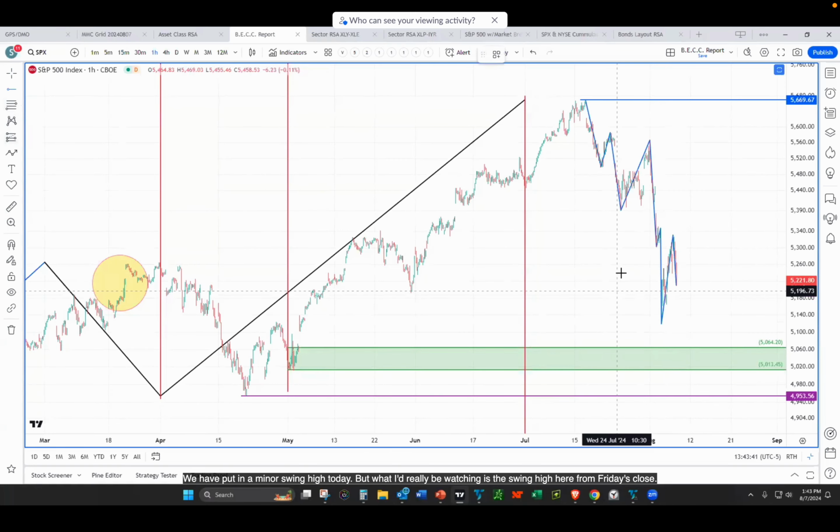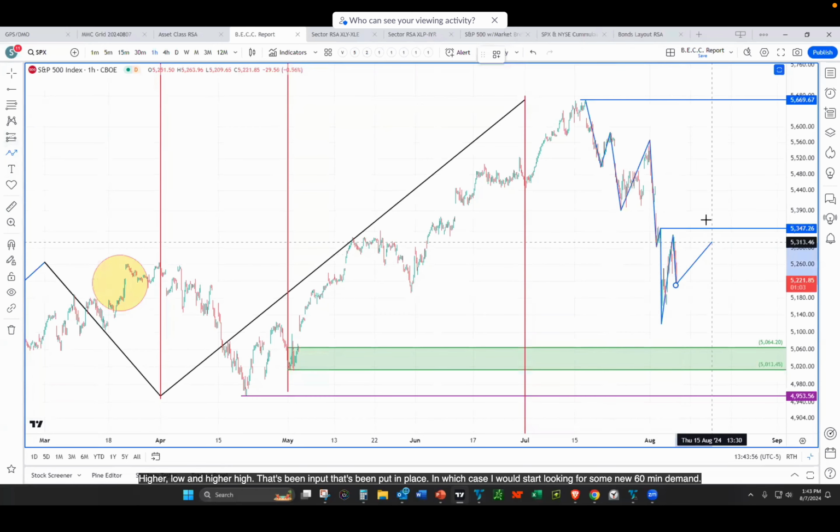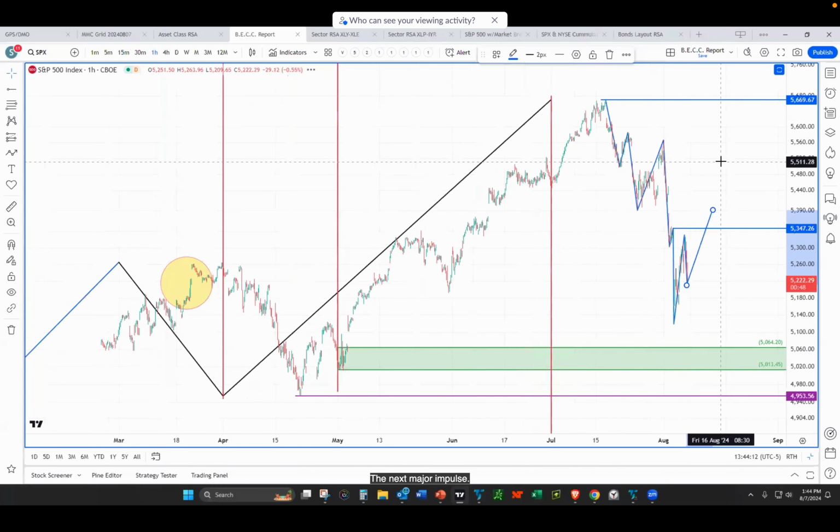Now, we have put in a minor swing high today, but what I would really be watching is the swing high here from Friday's close. And if we get a daily close above that, that could be a signal that we have a higher low and a higher high that's been put in place, in which case I would start looking for some new 60-minute demand to take that market back up again, because that could be a clue that this correction is ending and we are going back into the next major impulse.